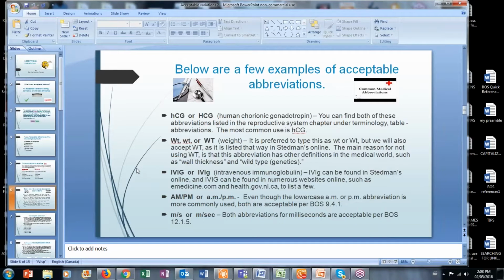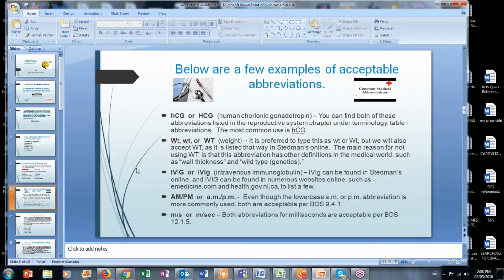But we will also accept uppercase WT as it is listed that way in Stedman's Online. The main reason for not using the uppercase WT is that this abbreviation has other definitions in the medical world, such as wall thickness and wild type, as in genetics. So that's why it's preferred to use the lowercase wt or uppercase W, lowercase t.